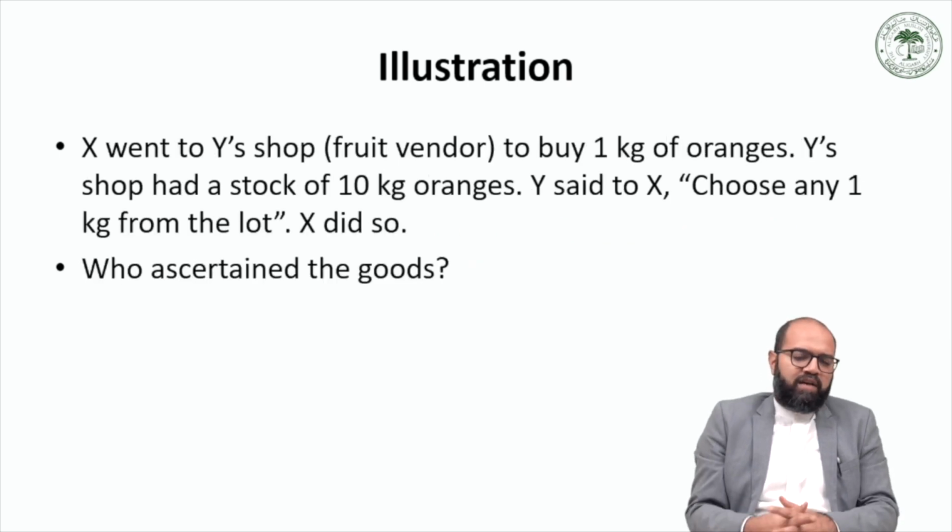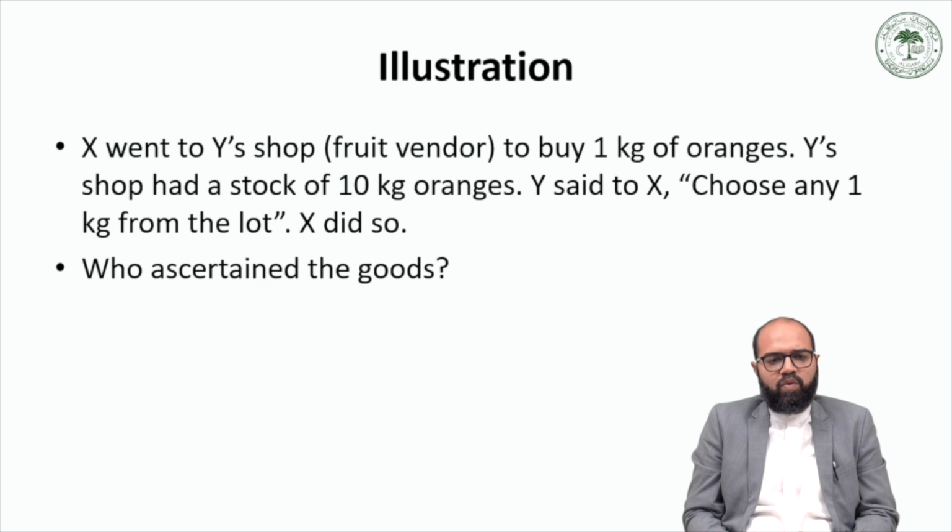To take another exercise, X went to Y's shop, a fruit vendor, to buy 1 kg of oranges. Y's shop had a stock of 10 kg oranges. Y said to X, choose any 1 kg from the lot. X did so. So here what we find is, to begin with, the goods were unascertained because they were lying in a larger lot of 10 kg. And to make them specific, someone had to segregate 1 kg from the rest of the 9 kg.